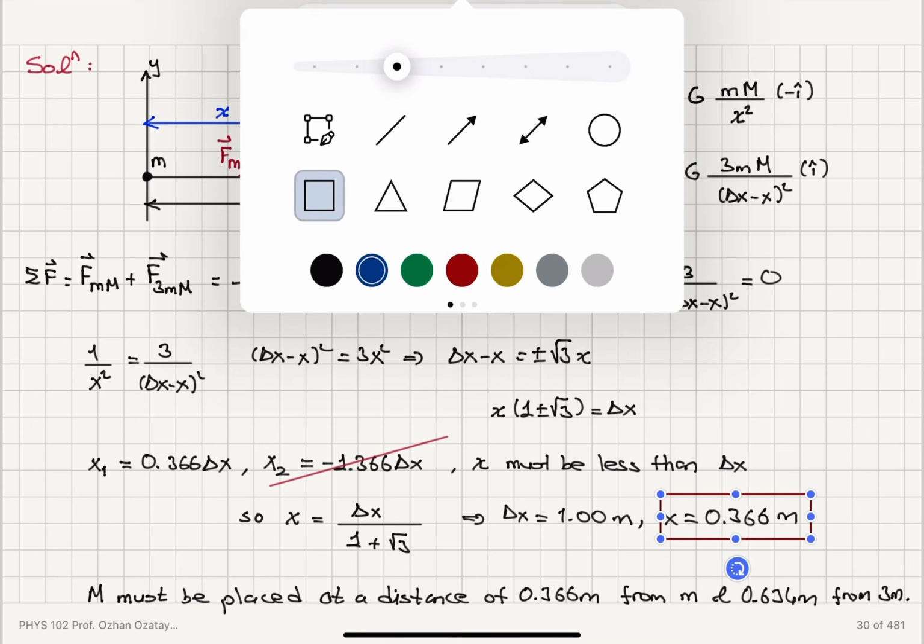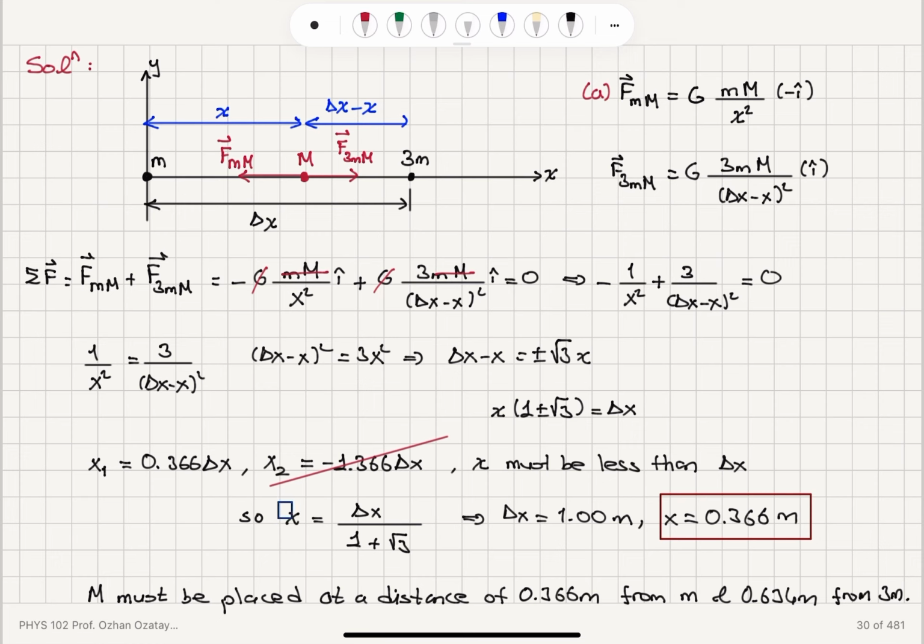All right, and now we're going to investigate if this equilibrium is stable or unstable.